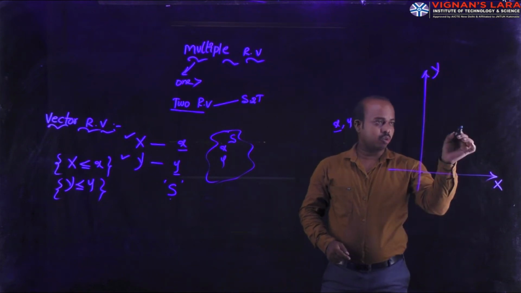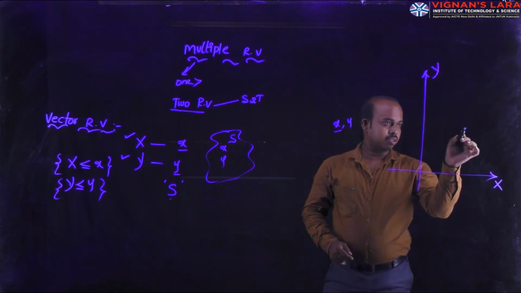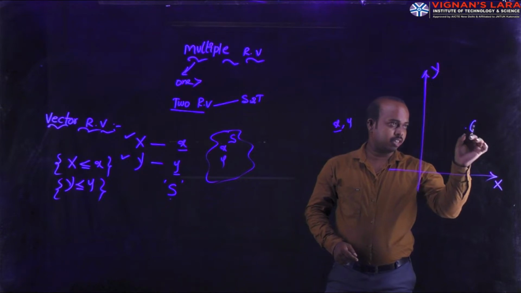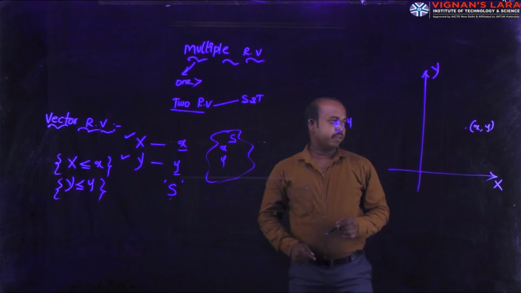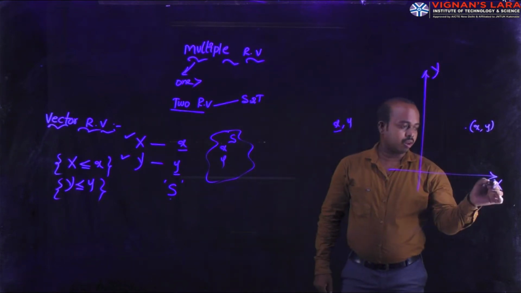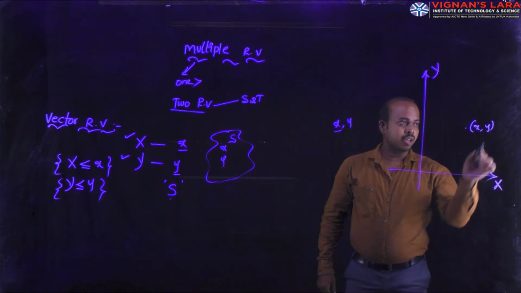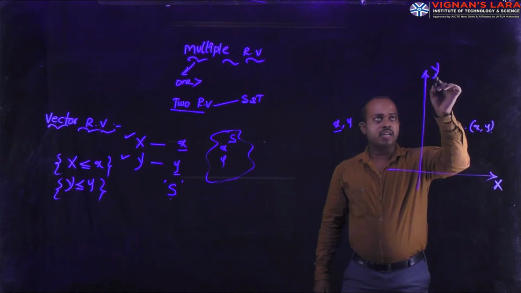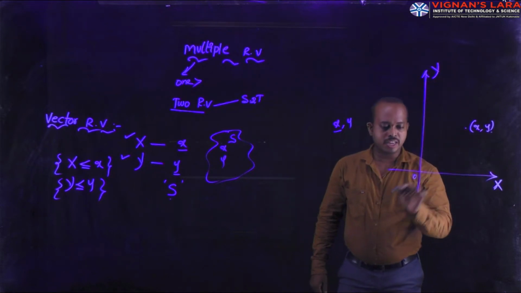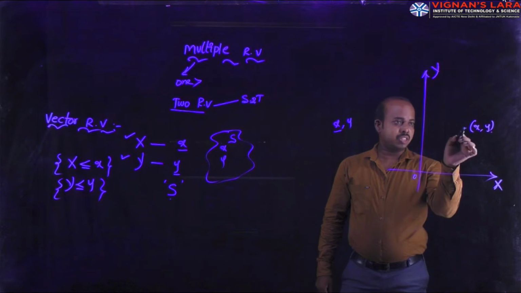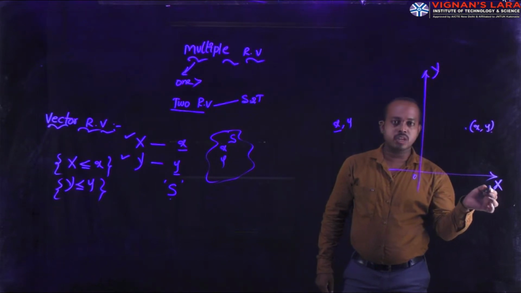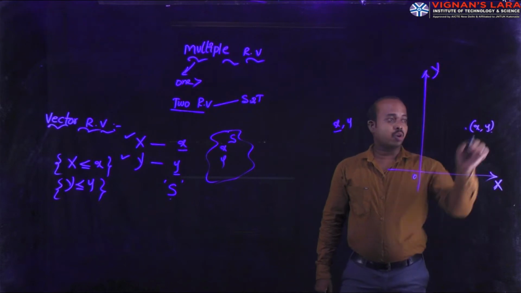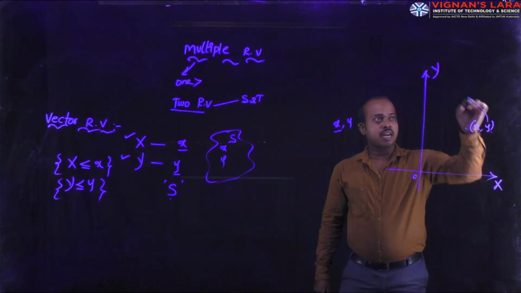Here I take one dot, and this point is named small x comma y. X relates to random variable X and y relates to random variable Y. Now you can plot the graph between this point and the values we have for random variable X and for random variable Y.